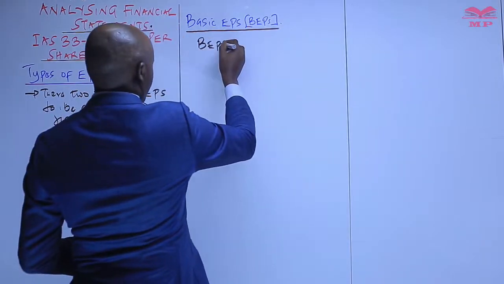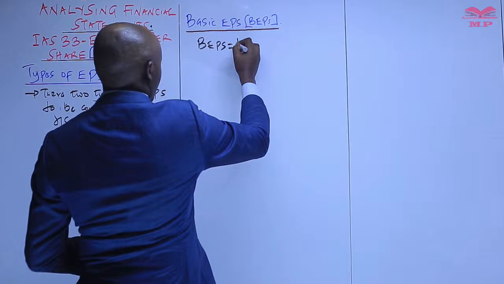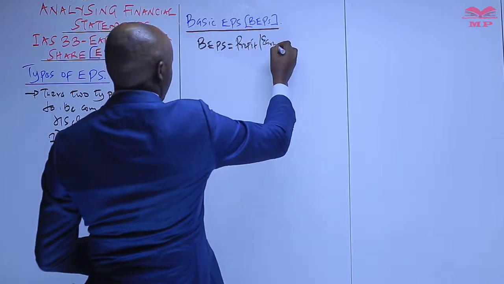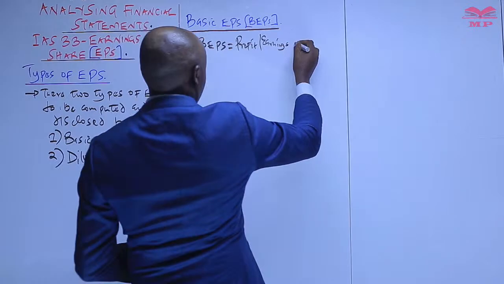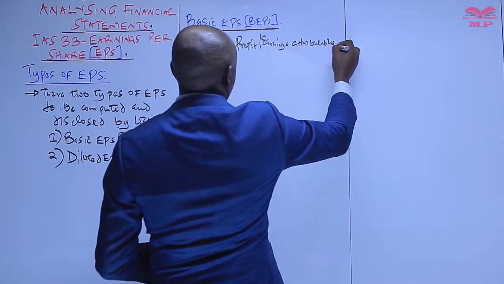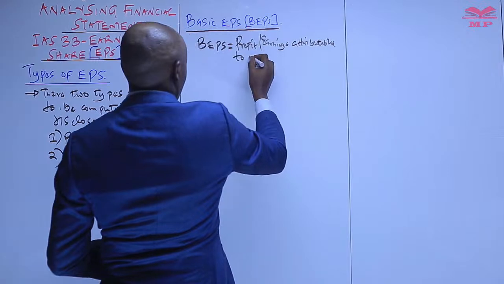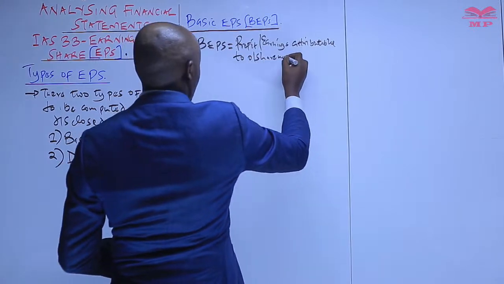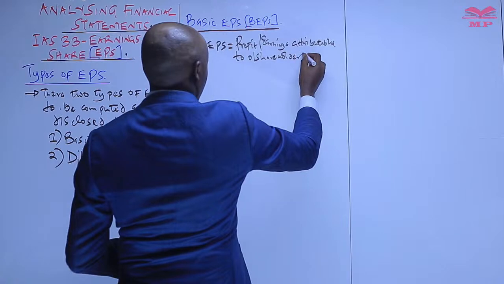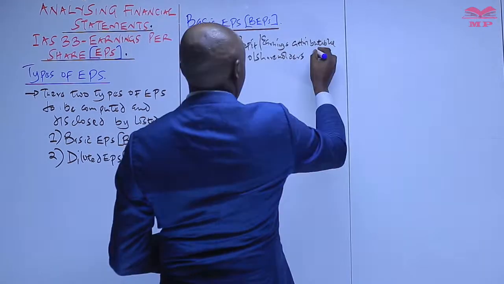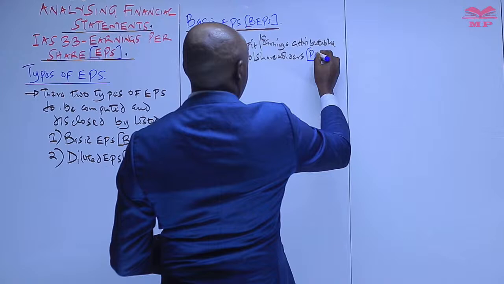The basic earnings per share is computed by taking the profit, which is also known as earnings attributable to ordinary shareholders. And this profit attributable to ordinary shareholders is abbreviated as PATOS.